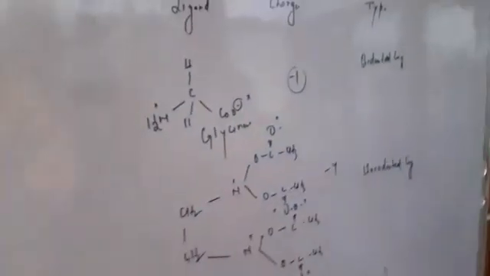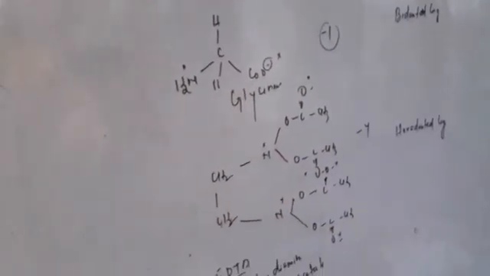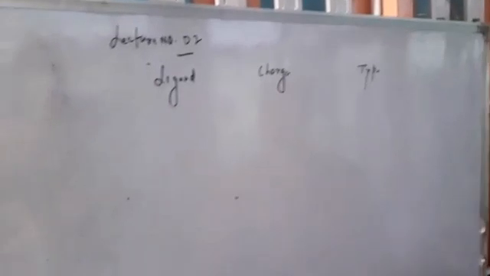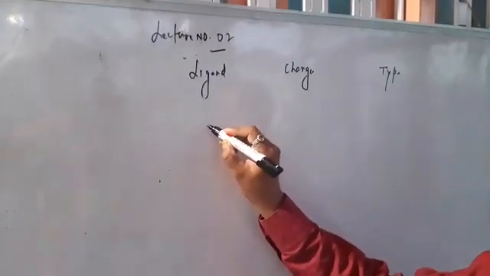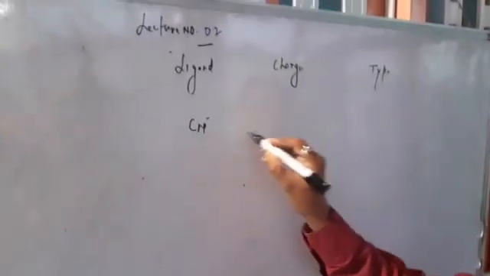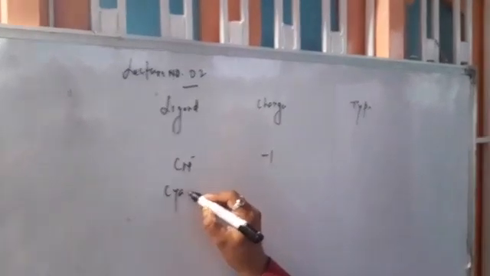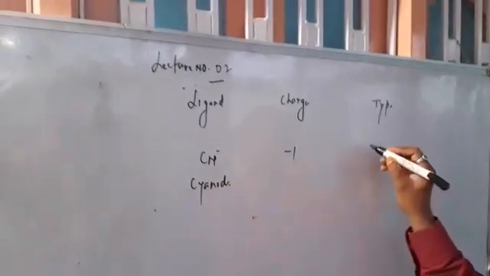Next ligand is CN-. It contains 1 charge. This is the cyanide ligand, an example of unidentate ligands.